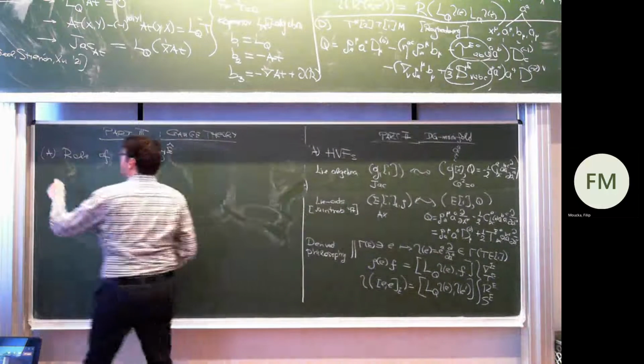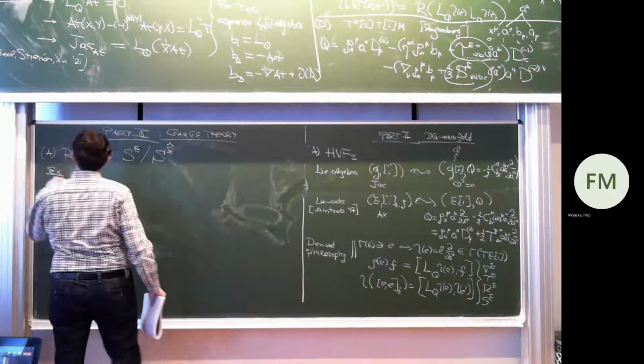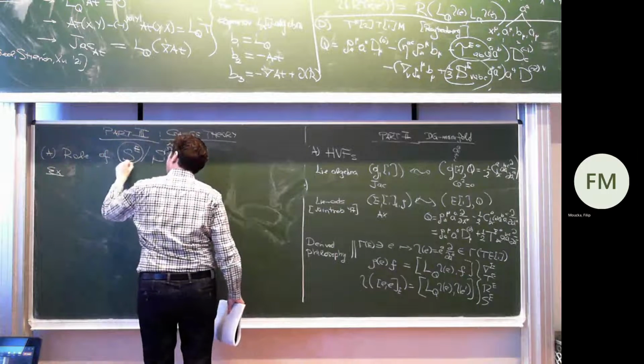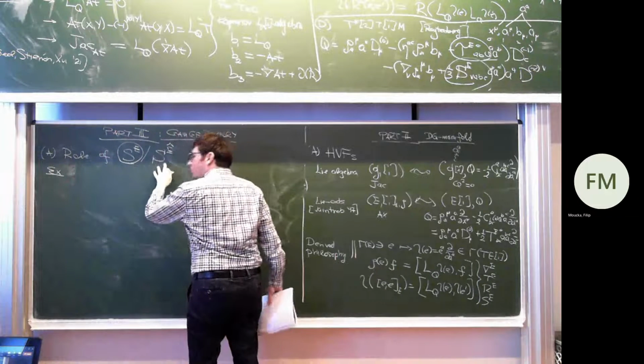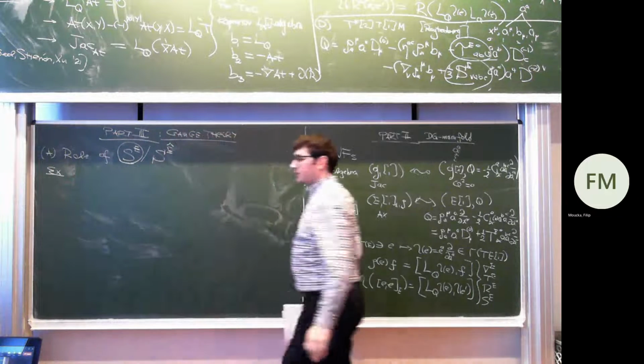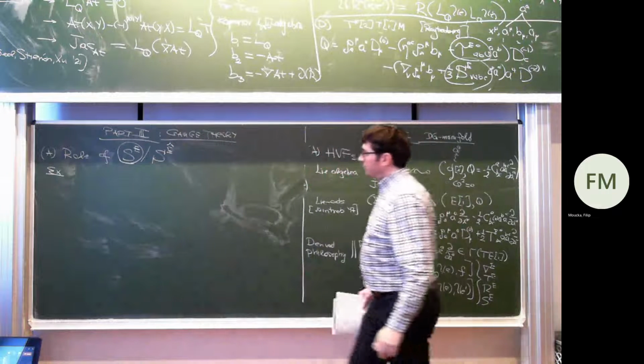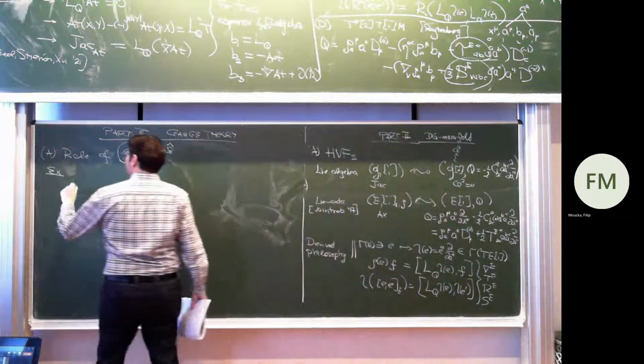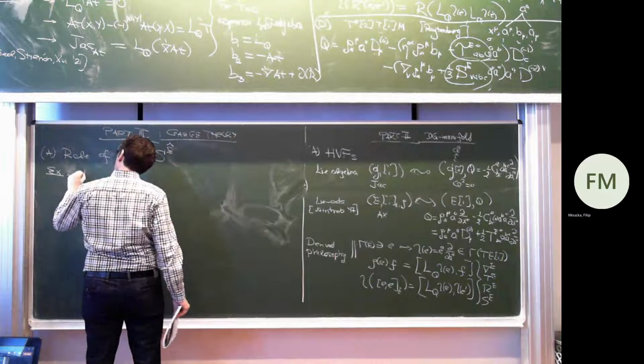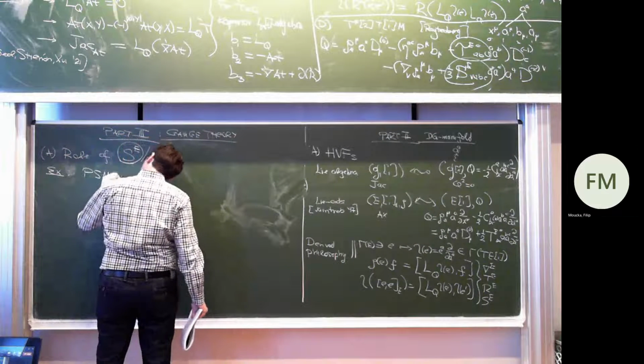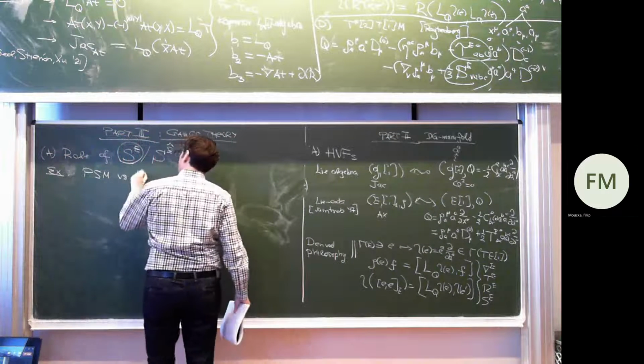And then I will do this by means of an example. We are working on this example with Noriaki Ikeda in the context of the Courant sigma model. So the example I'm going to discuss is the Poisson sigma model versus the twisted Poisson sigma model.